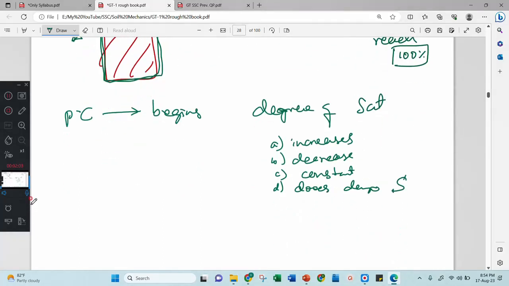As the consolidation proceeds, the degree of saturation, what happens to that? No idea? This you have to answer. Very interesting. If you understand this process, then only the entire consolidation chapter will be easier.